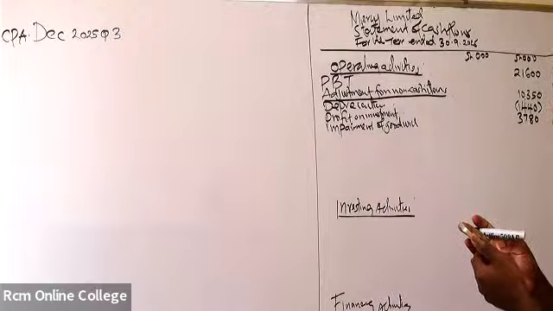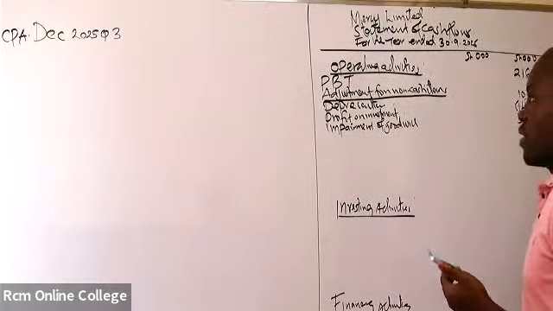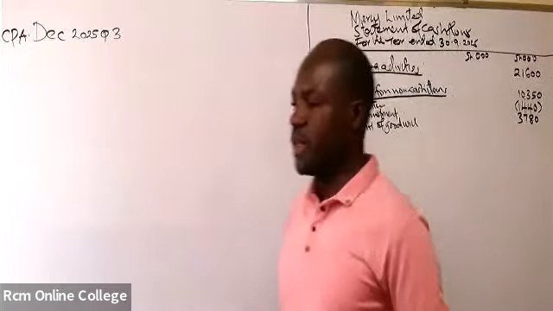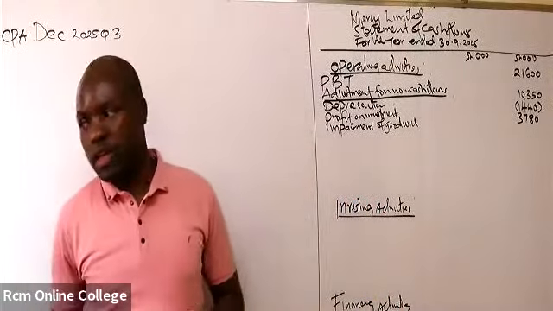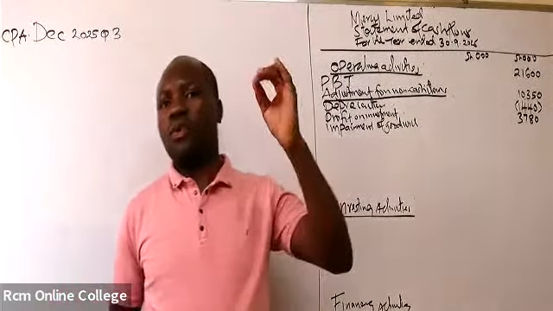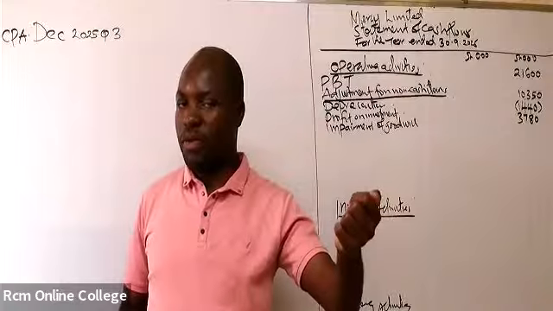The quoted short-term investments are 3-month treasury bills. What does it mean? It means this will be recorded as cash and cash equivalents, right?